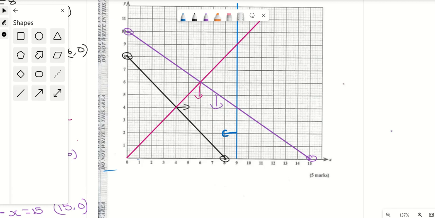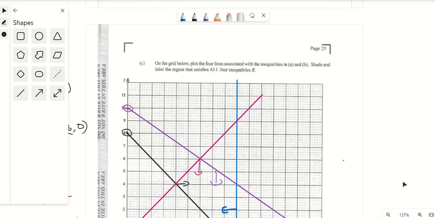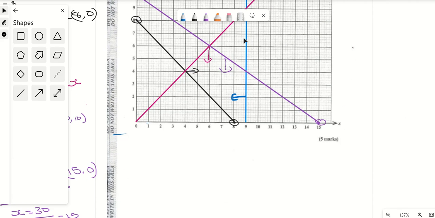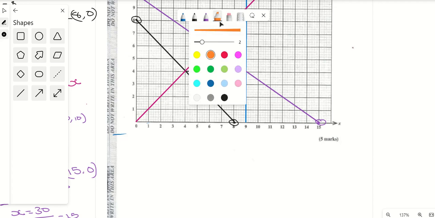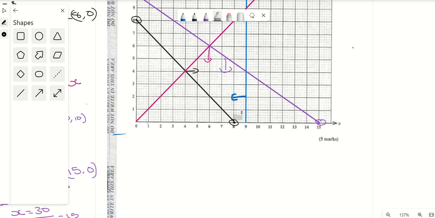They said to label the region that satisfies all of them. And if we look at our arrows, that would be this region right here. So let me just put it in. It's in gray. That is this region right here.